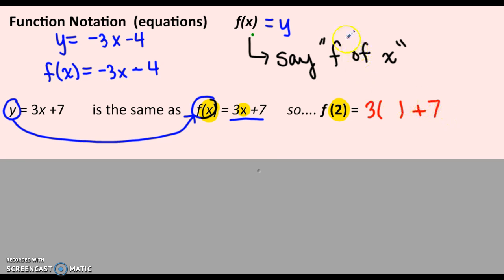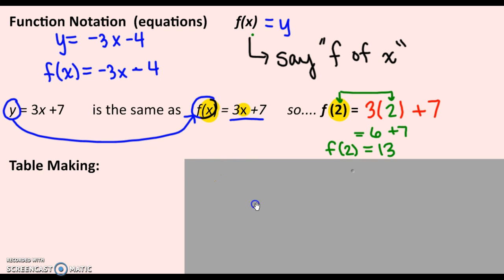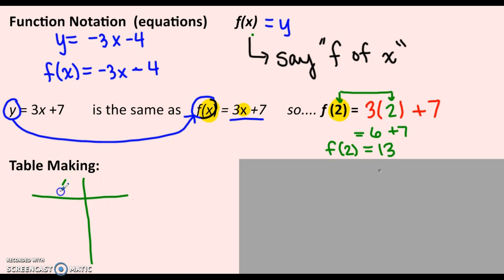And our something is the number that the function is of, which is 2. So 2 is going to go in where x was. That gives us 6 plus 7. So we can say f of 2 equals 13, because 6 plus 7 is 13. So now instead of making a table with x and y, we're going to make a table with x and f of x.